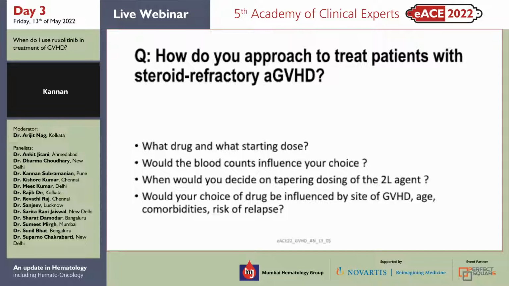And the starting dose in the majority of elderly or adult patients is 5 to 10 mg, depending on the platelet count and how acutely you have seen this GVHD coming up. We will decide what exactly we need to do.